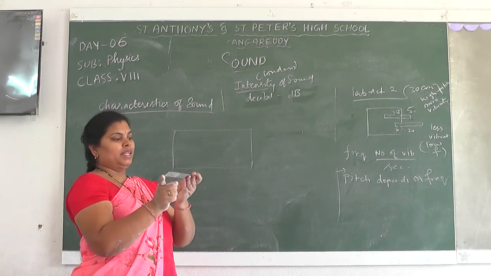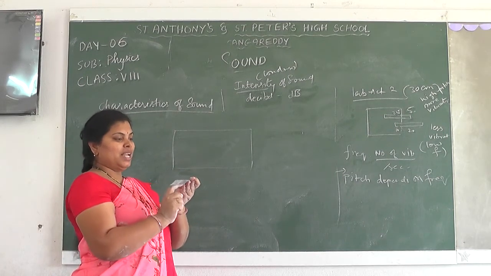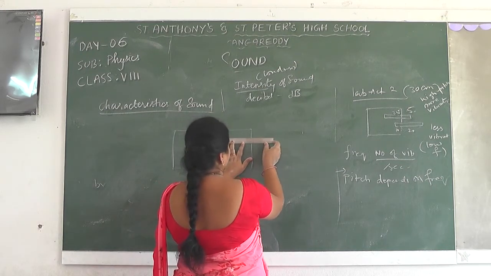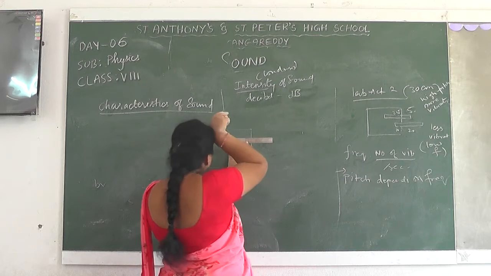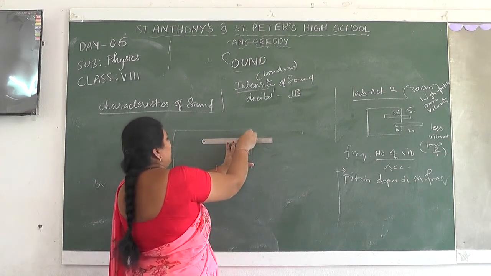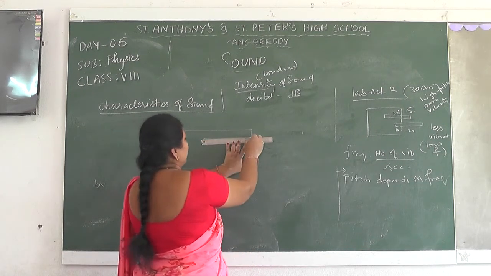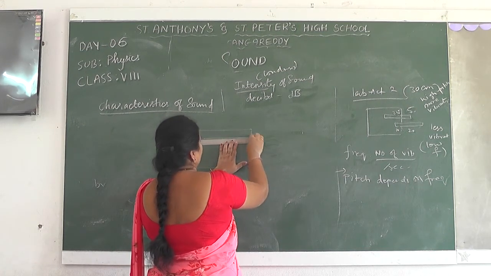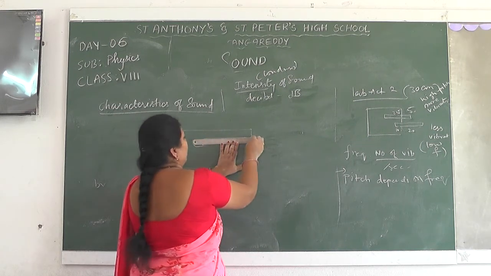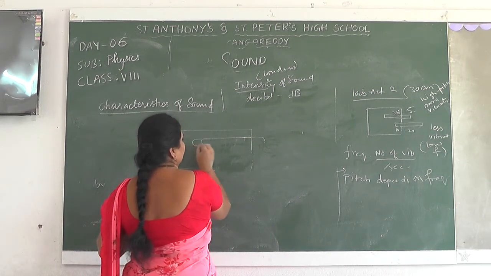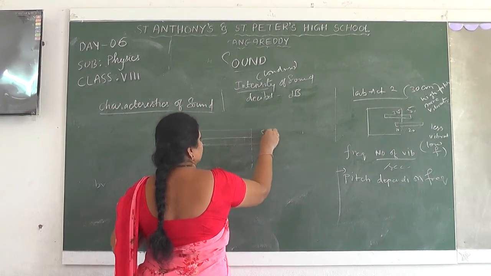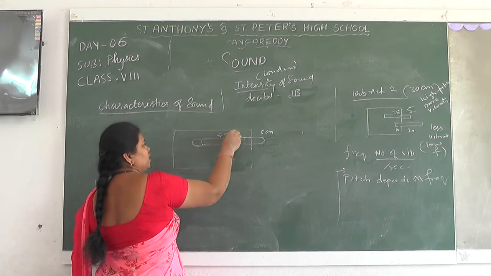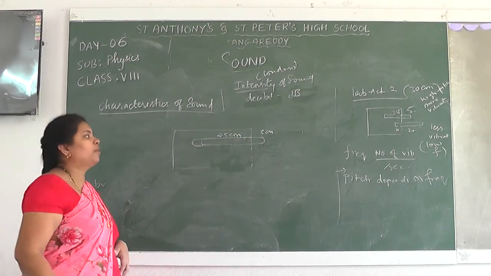out of 30 centimeters, 25 centimeters should be placed on the table and only 5 centimeters kept outside the table.